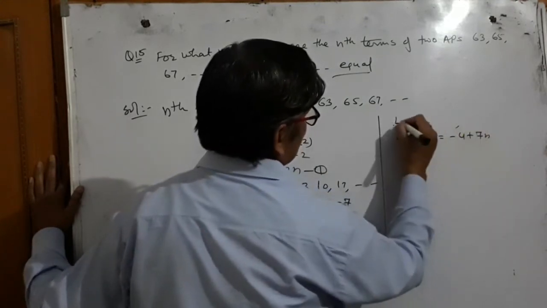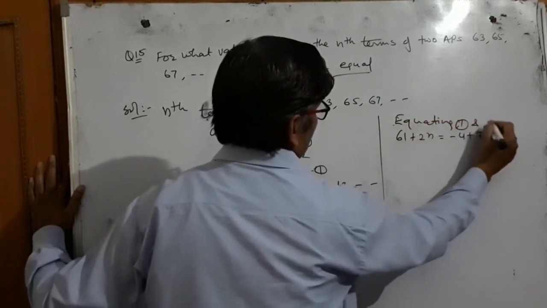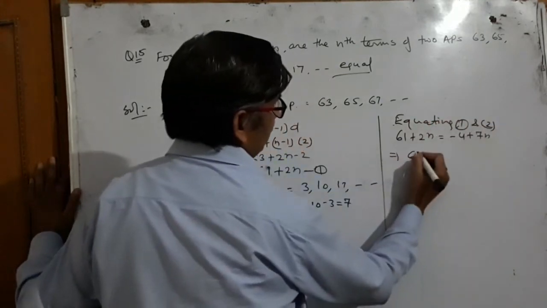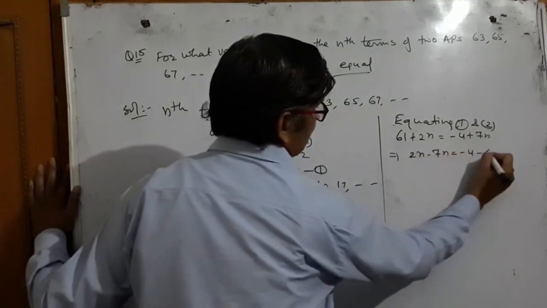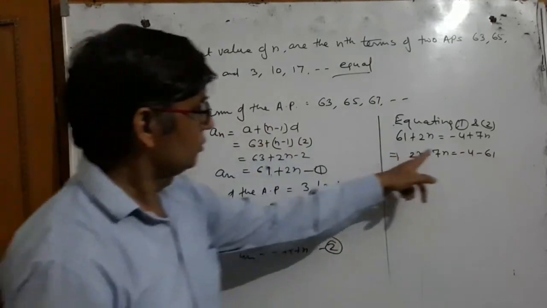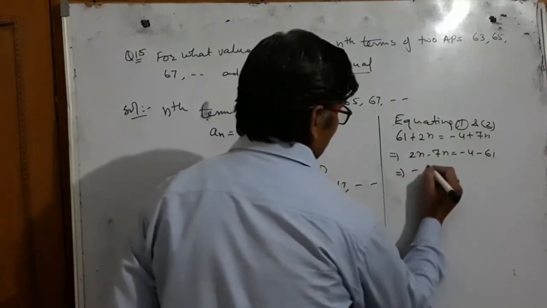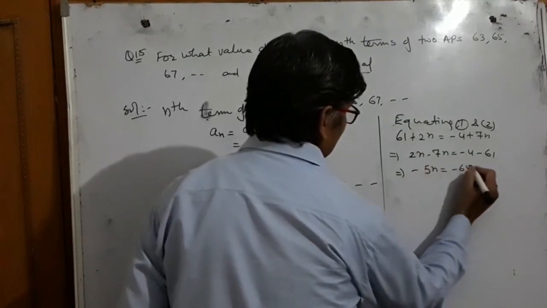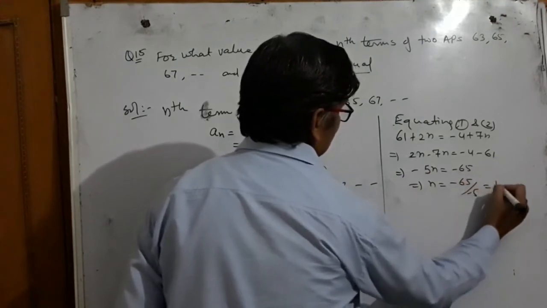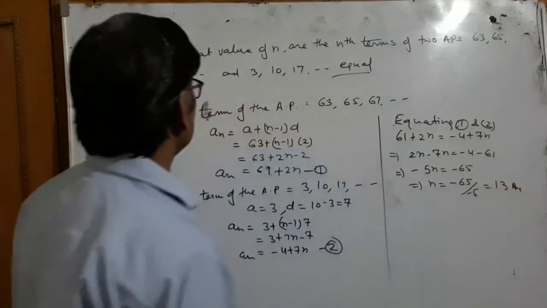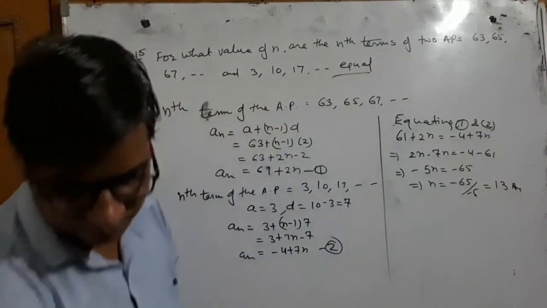Equating 1 and 2 कर सकते हैं. तो 61 2n minus 7n minus 4 minus 61. ओके, 7n को शिफ्ट कर दिया, 61 को उधर शिफ्ट कर दिया, तो minus 5n equals to minus 65. So n equals to minus 65 upon minus 5. That is 13. So 13th term of these two APs are equal.